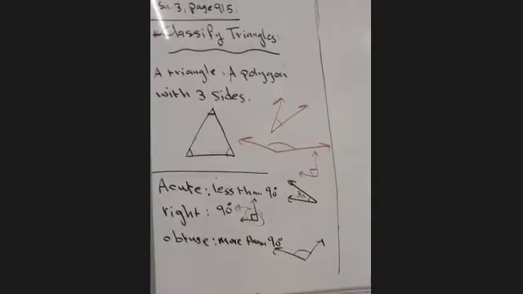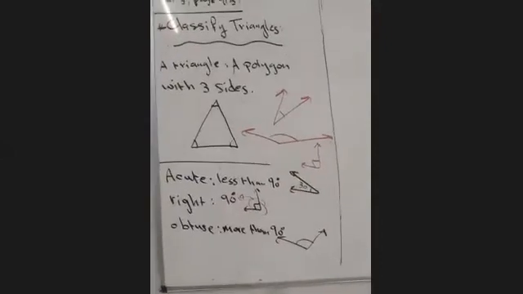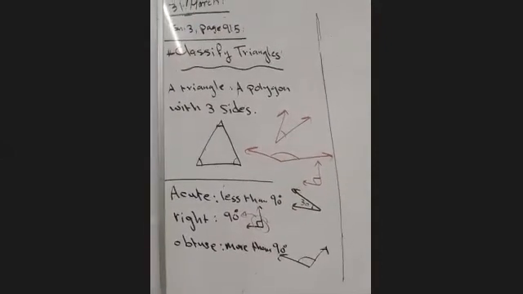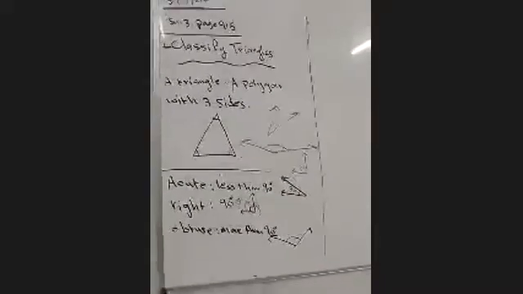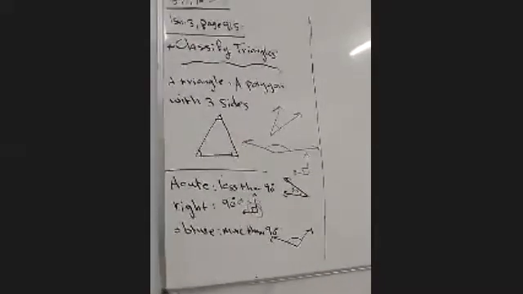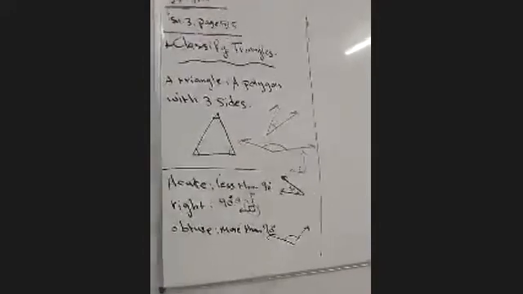Okay, hello everyone. Today, guys, we'll take lesson 3, page 915, classify triangles. In the previous lesson, we said the regular polygon is a polygon with congruent sides and congruent angles.